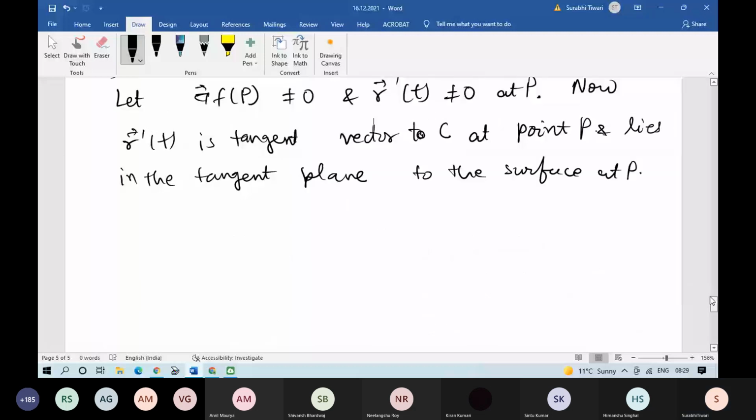So hence, this gradient vector at the point P is thus this normal vector.